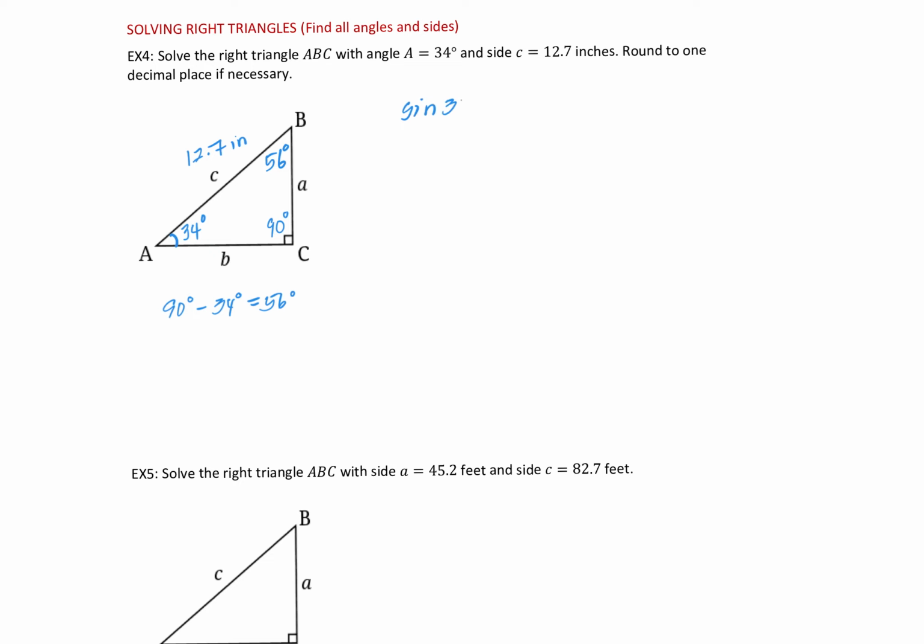Because sine of 34 degrees, make sure your calculator is in degrees, is going to be the opposite side, so that's going to be our A, over the hypotenuse, which would be 12.7.